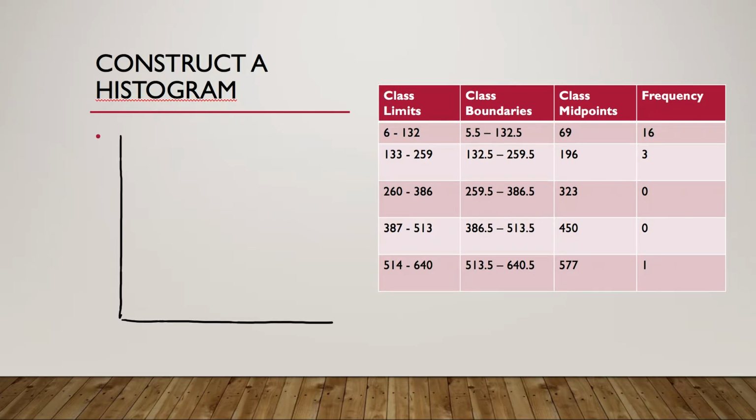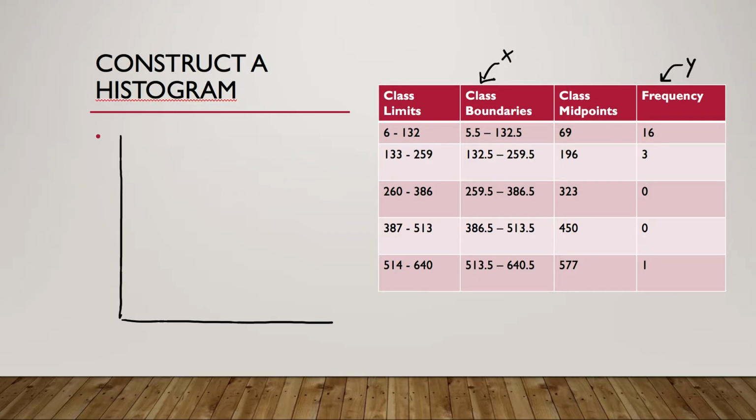And then I want to mark my boundaries off along the x-axis. So remember that these will be your x values, and then you'll be putting your frequencies on the y-axis.